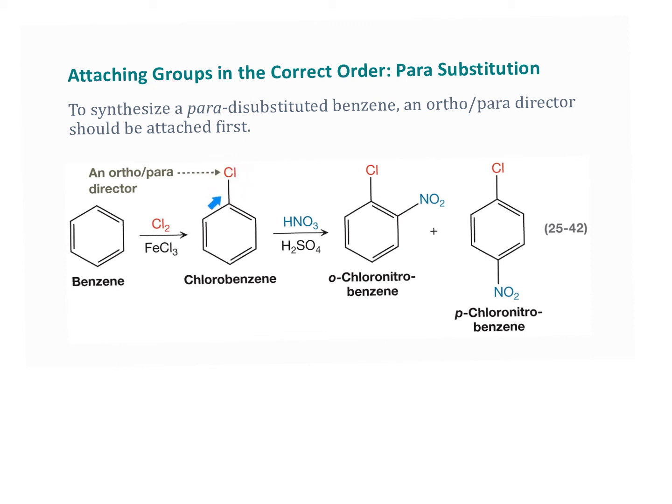Chlorine here is an ortho-para director. So if we were to do a nitration, that's going to yield the major products as o-chloronitrobenzene and p-chloronitrobenzene. But our target was the m-nitrochlorobenzene with one carbon in between the two. So this order doesn't work.